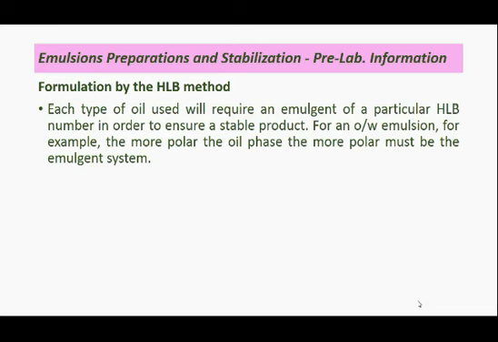If a formulation contains a mixture of oils, fats, or waxes, the total HLB required can be easily calculated based on the contribution of each oil phase component in the oil phase and the required HLB value to prepare the desired emulsion.